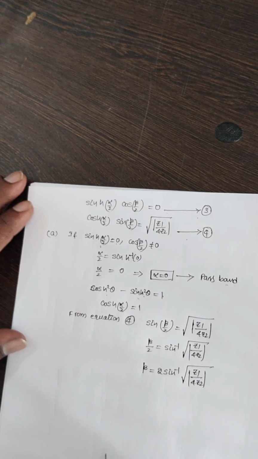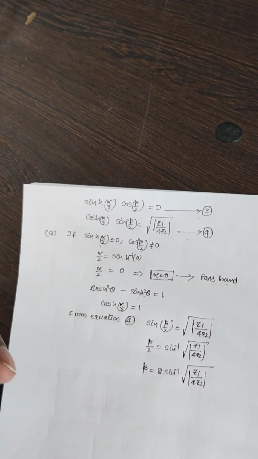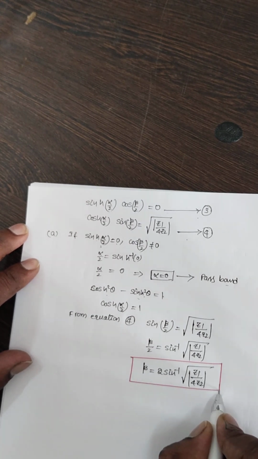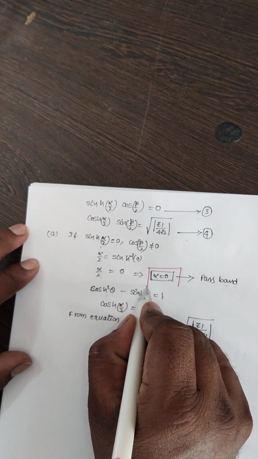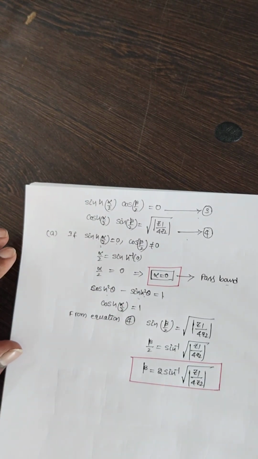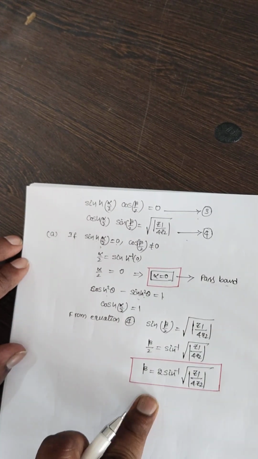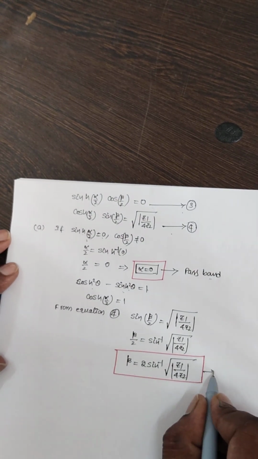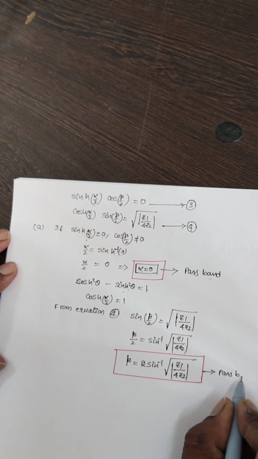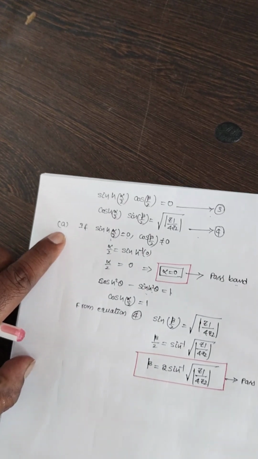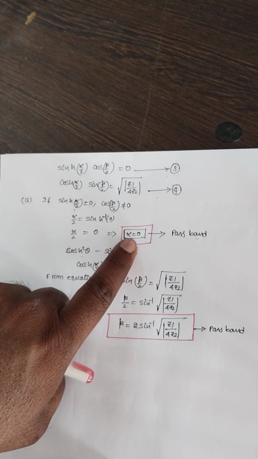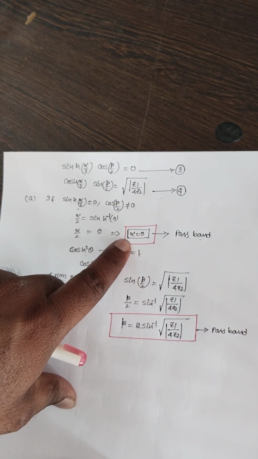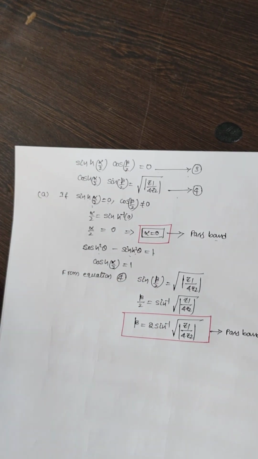This is an important expression for analyzing the further concepts. Whenever α is equal to 0, in the pass band, the β expression is this one. This case is under pass band only, because α is equal to 0. This is the value of α for pass band.